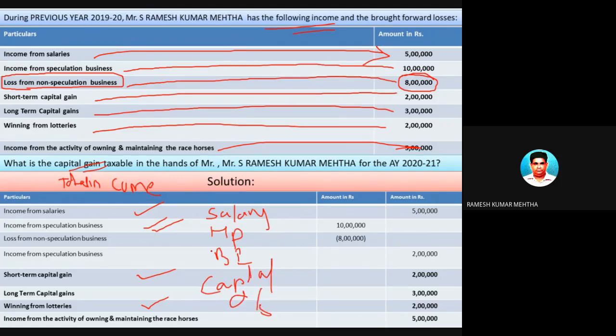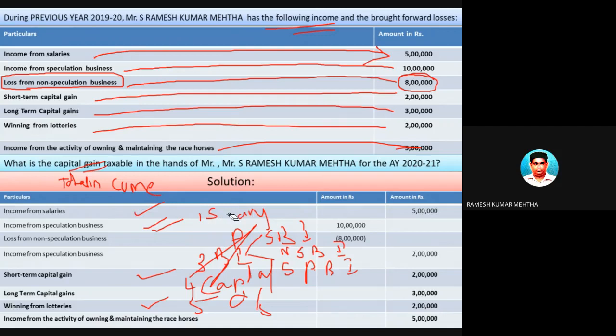As far as business incomes are concerned, there are three: speculative business income, non-speculative business income, which is also called normal business income, and the last one is specified business income. So one, two, three, four, and five for intra head adjustments.